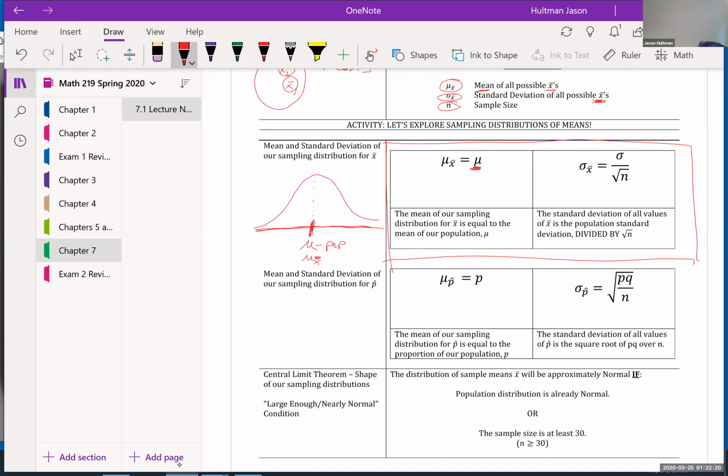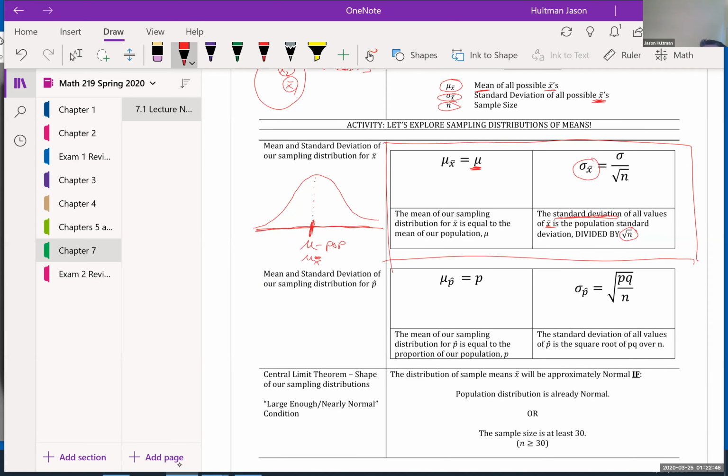However, the standard deviation of all the values of X bar will be divided by the square root of the sample size. So that is dependent upon the variation here. Say the sample size was 1, well, that would just be the standard deviation, because you would only have one sample.